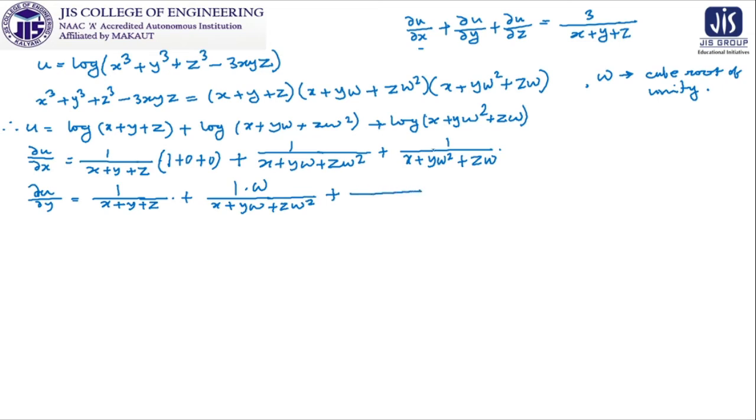And for the final thing it will be 1 by x plus y omega square plus z omega, and the upper part, y into omega square differentiated partially with respect to y, will be only omega square. Now you got the symmetry, and you can write the expression of del u del z very quickly.